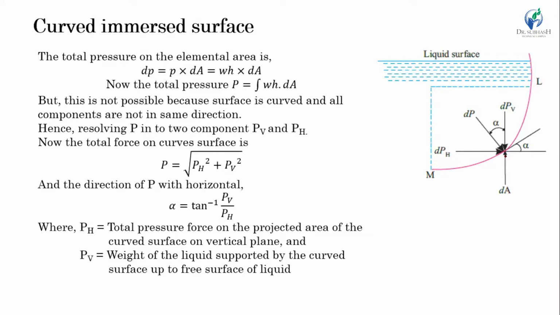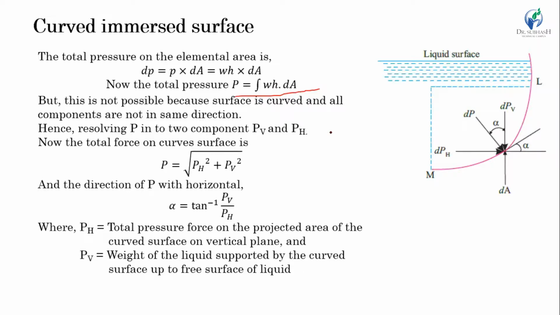Intensity of pressure is p, and the small pressure force acting on this is p into delta A, say intensity of pressure times the area. By integrating, we can calculate the total pressure force, which is equal to wh into dA, which is the simple calculation.